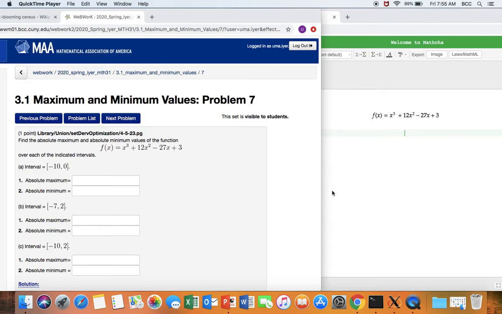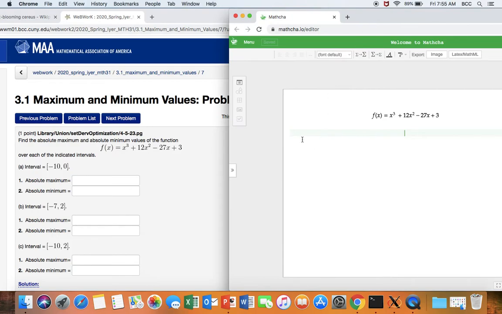Okay, so to find the critical numbers, remember, c is a critical number of f(x) if f prime at c is 0 or f prime at c is undefined.